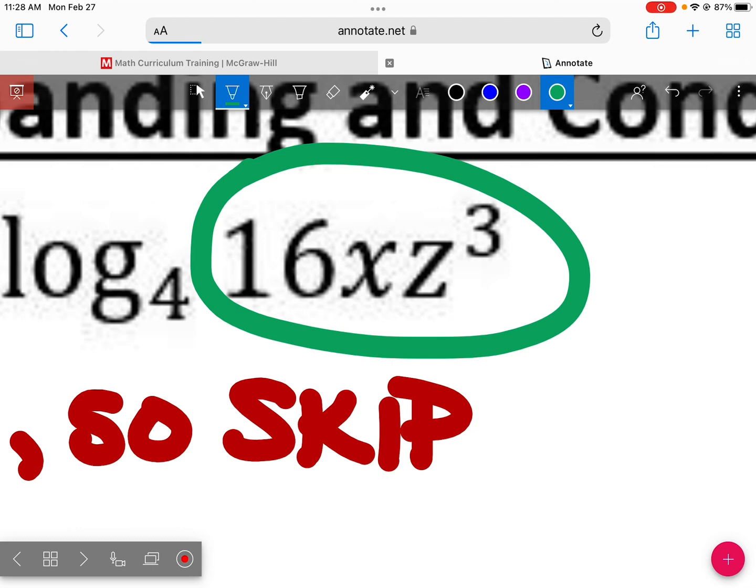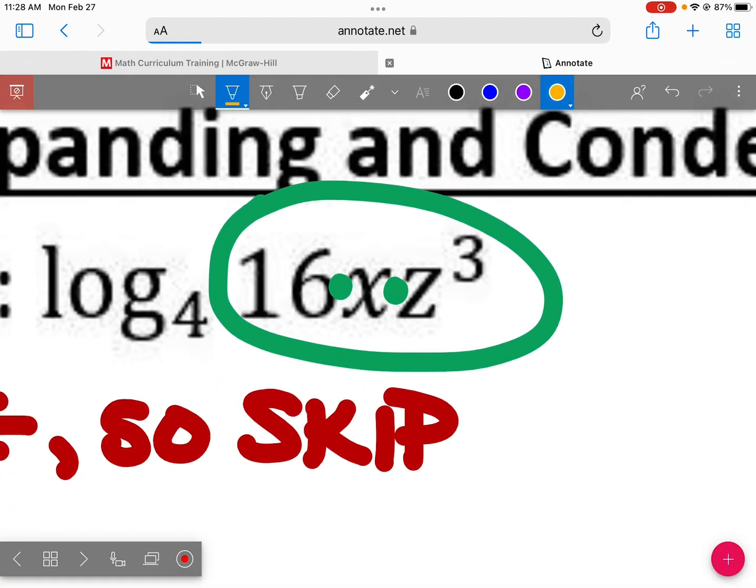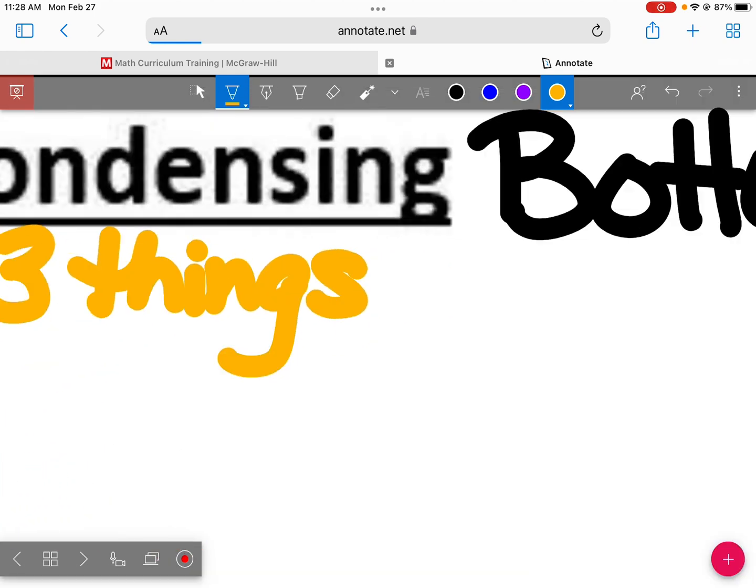Is there anything being multiplied in the argument? 16 to the x, x to the z. How many things are being multiplied? 3. The 16, the x, and the z. 3 things being multiplied.